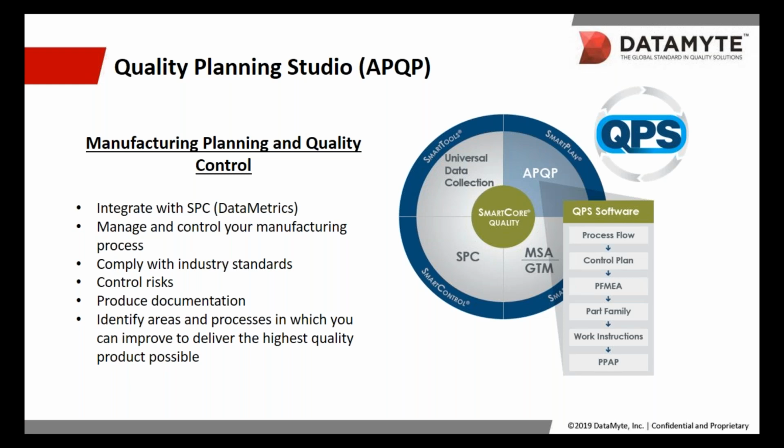So we want to welcome all of you who are already familiar with the planning and control tool. This product is now integrating with our SPC tool, DataMetrics, and this allows us to create that documentation that we need as part of APQP.